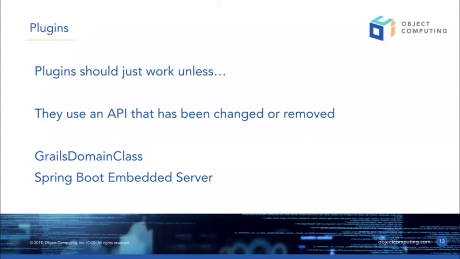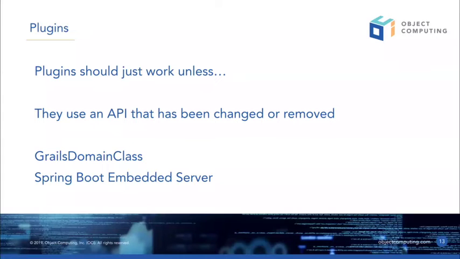GORM was also taking a look at all of your domain classes and mapping them, and it has its own API called the Persistent Entity API. In later versions of Grails 3, I think it was 3.3, we changed it so that the Grails domain class API simply delegates to the Persistent Entity API, so that the work of parsing your domain classes only happens once.